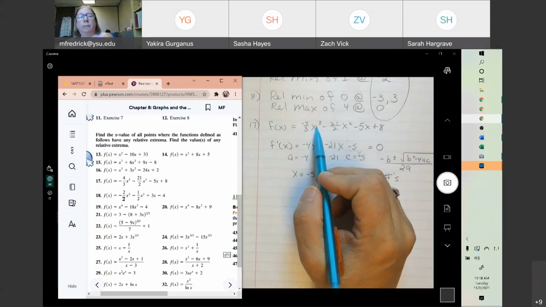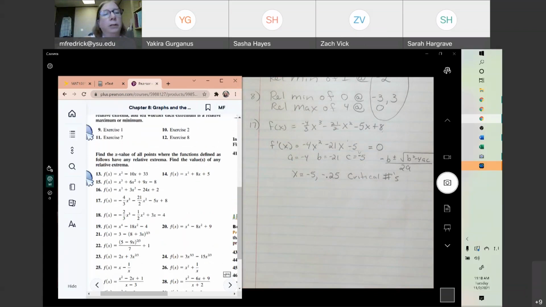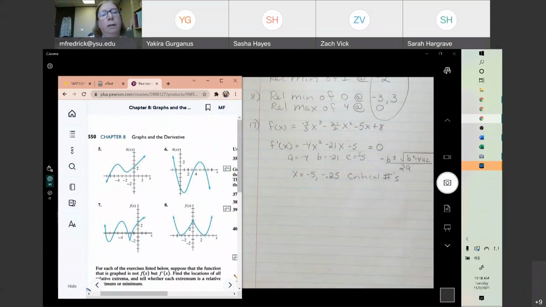This is a cubic function. A cubic function, the arrows go in opposite directions, like 5 and 6. If your degree is odd, your graph will resemble 5 and 6 with some bumps in it. If it's an even graph, it resembles a parabola. Both ends go up or both ends go down.